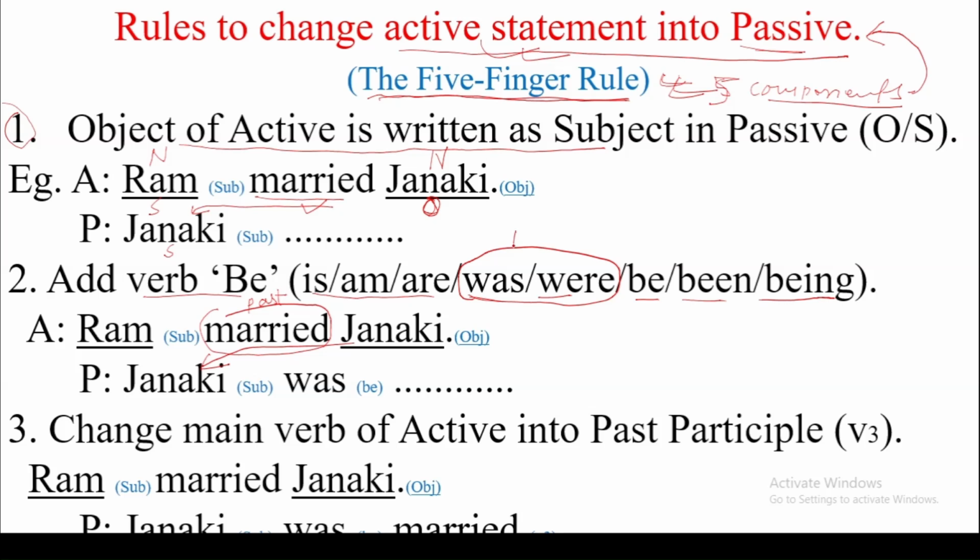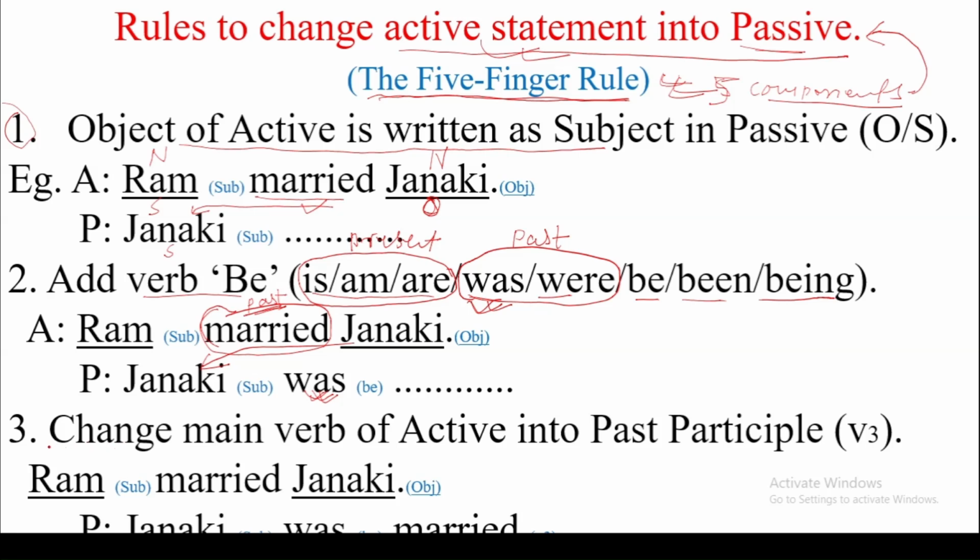For past tense we use was, were. For present tense we use is, am, are. So married is V2, it represents past tense, so we use was. As Janaki is singular and singular takes a singular verb, so was is used here. It means in the second step we deal with verb be. This is the second step.